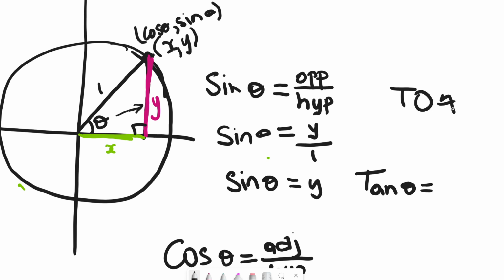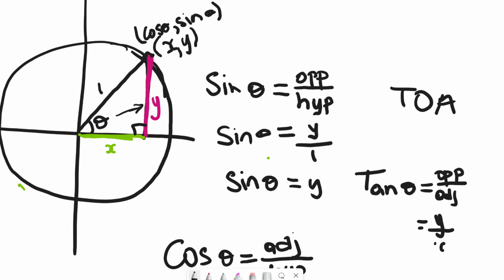So we had SOHCAHTOA, and so TOA is opposite over adjacent. Okay. Now my opposite side, again, I'm looking at my triangle inscribed in my circle. The opposite side is y, and the adjacent side is x.